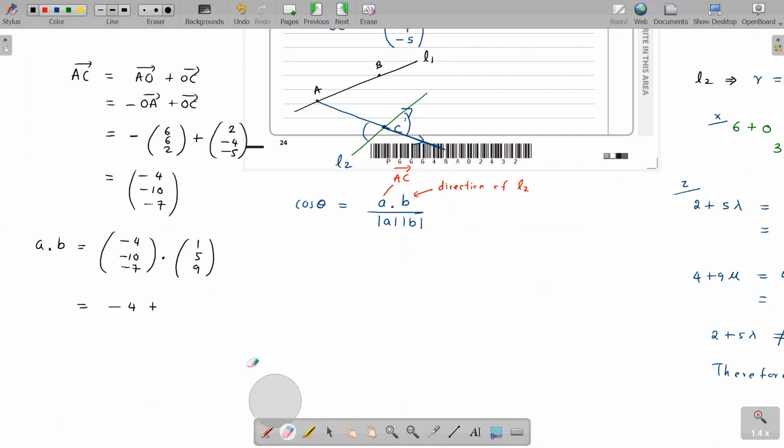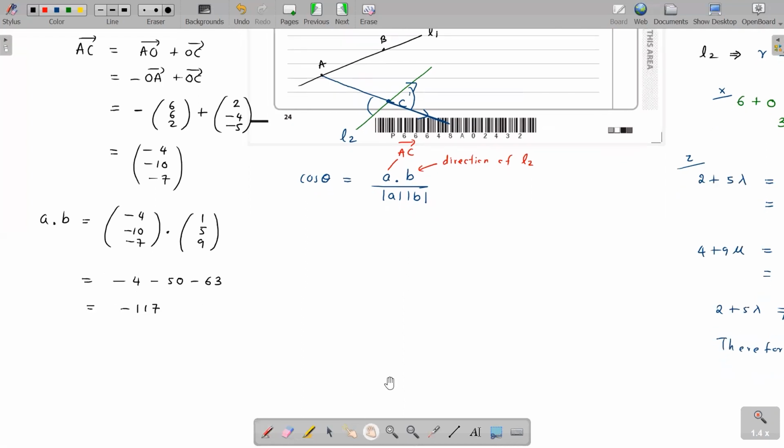Minus 10 into 5 is minus 50. Minus 7 into 9 is minus 63. How much do we get? Minus 117. Shall we find the modulus A, modulus B as well?